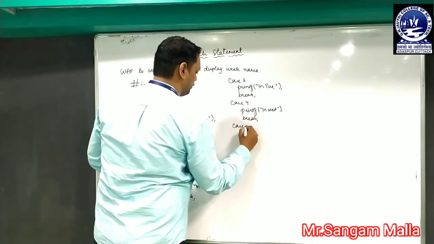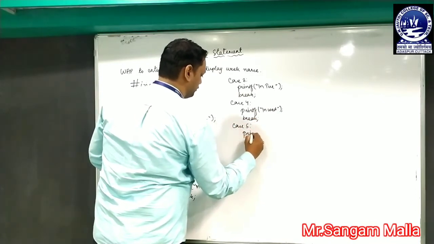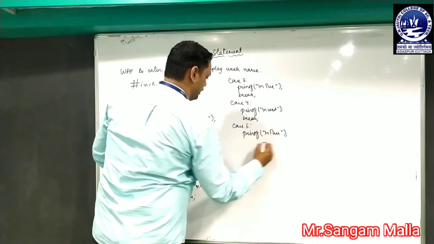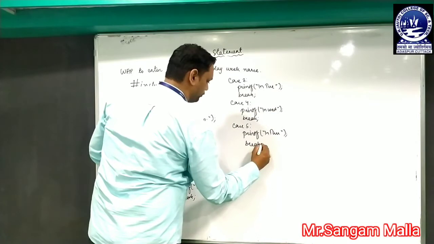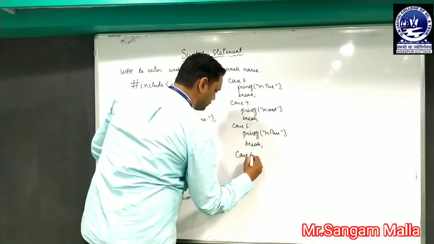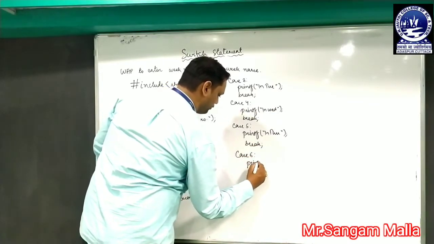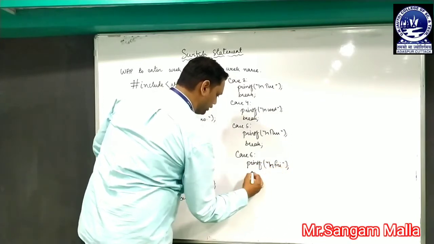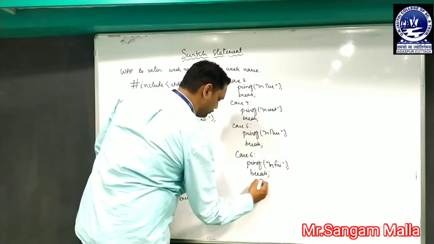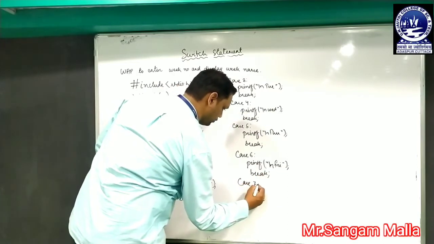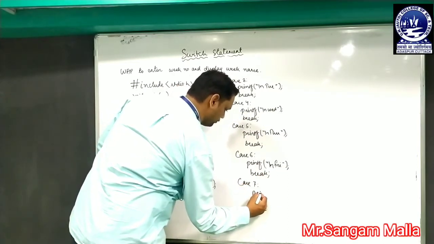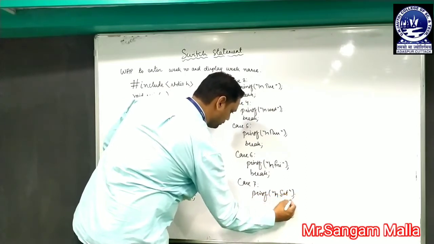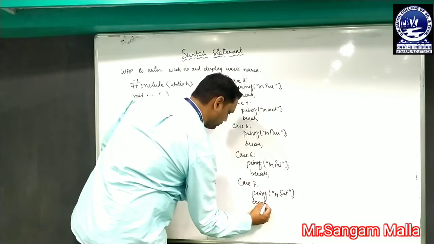Case 5, printf Thursday, again break. Then case 6, printf Friday, then again break. Case 7, printf Saturday, then again break.